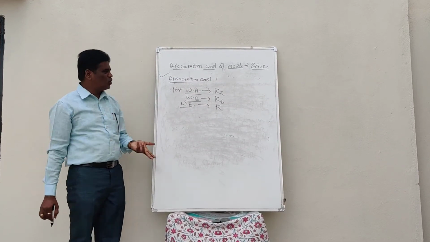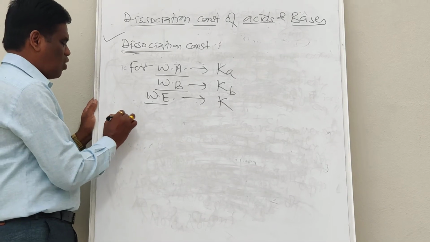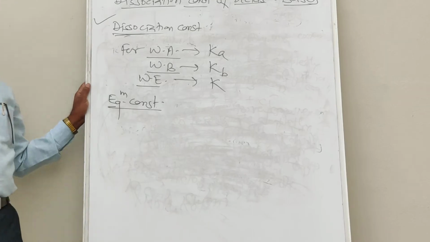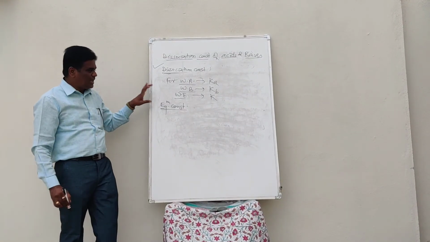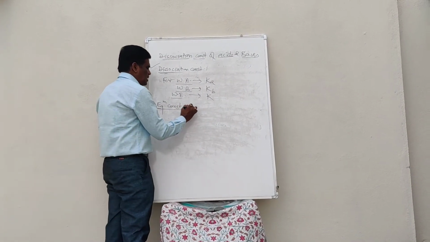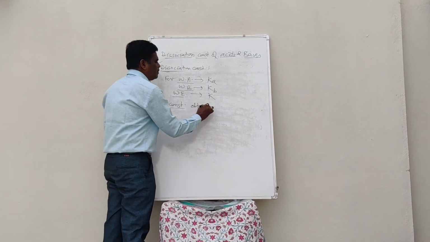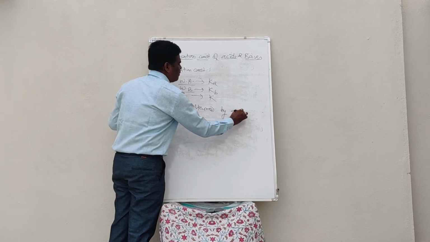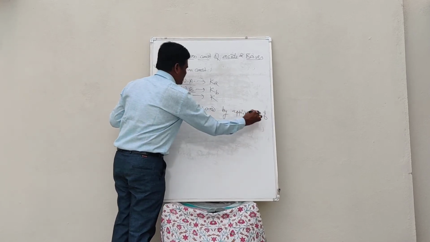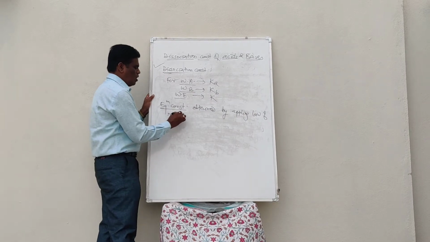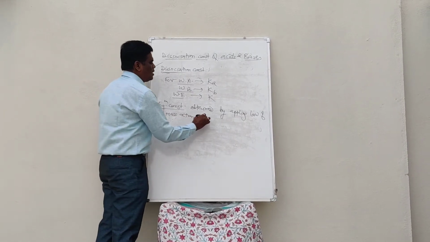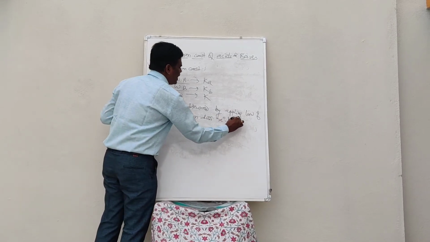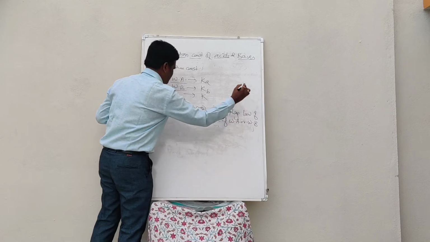But how do you define the dissociation constant? The dissociation constant is always an equilibrium constant, and this equilibrium constant can be obtained by applying the law of mass action on the dissociation reaction of a weak acid or weak base.